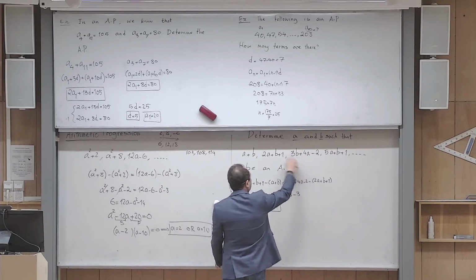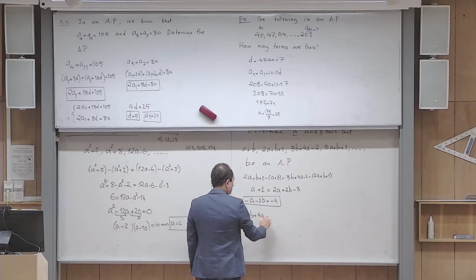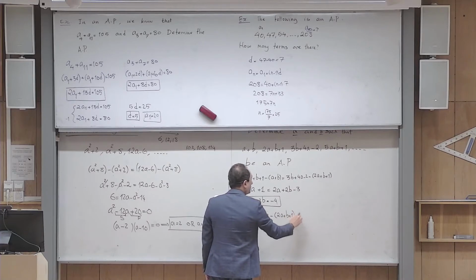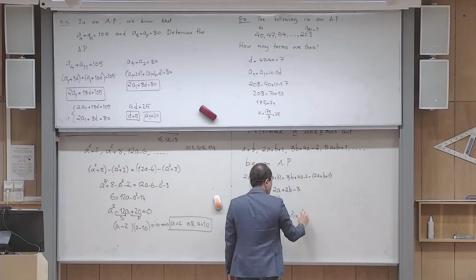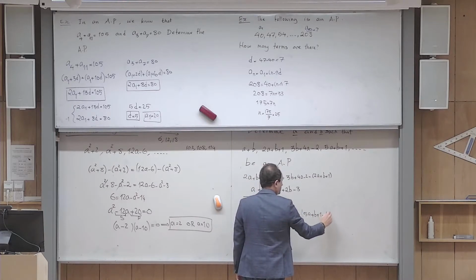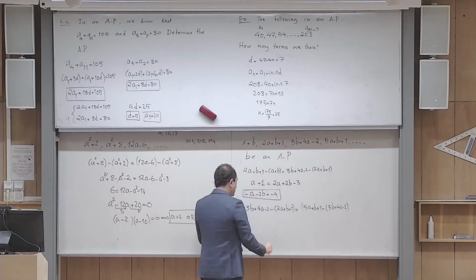So here I will take the difference between them. It's equal to the difference between these two, yes? So 5a plus b plus 1 minus 3b plus 4a minus 2. And then I start simplification again.